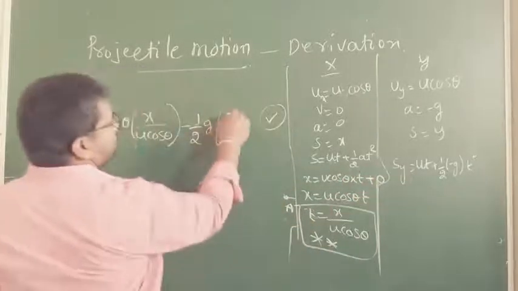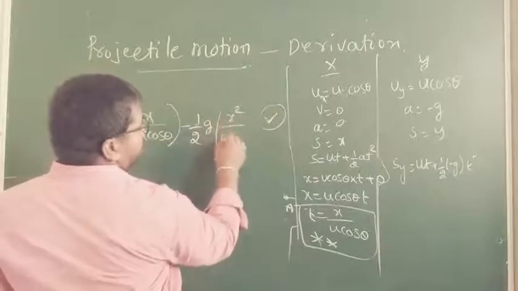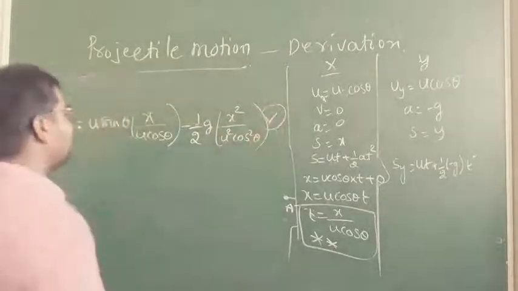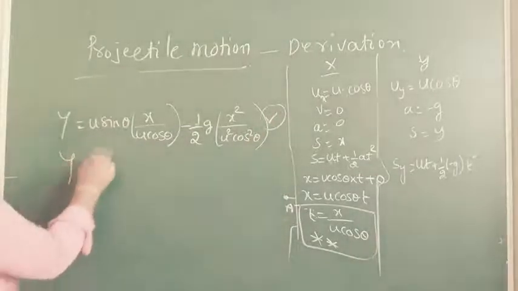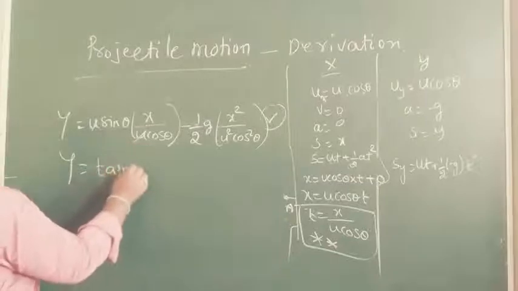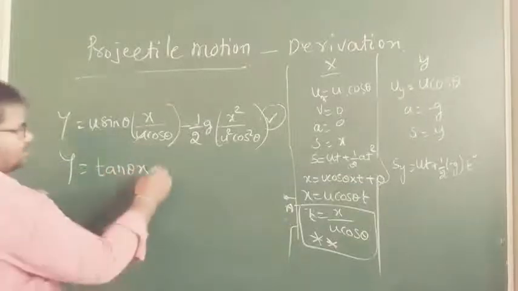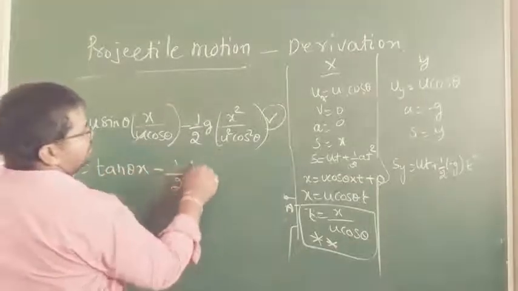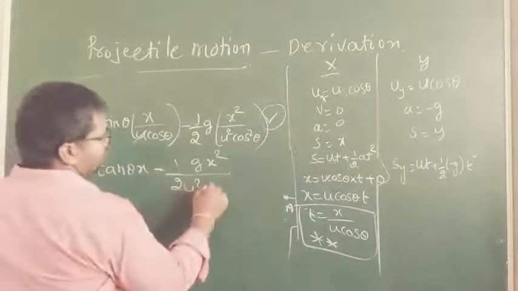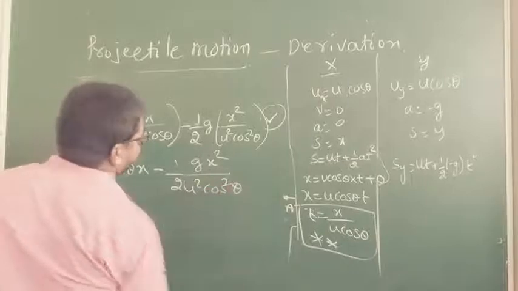What is t square? x square by u square cos square theta. Rearranging, u gets cancelled, sin theta by cos theta is tan theta, so y equals tan theta times x minus 1 by 2 g x square by u square cos square theta. Understand?